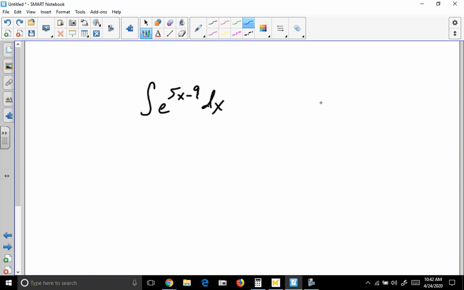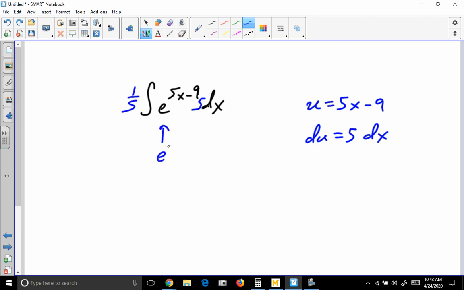All right, if we take a look at this one, let's see what happens if we let the exponent be u. Then du would be 5 dx. So no variable, just a constant times dx. Well, that's good because we don't have a variable. So we can make this fit if we multiply by 5 here and divide by 5 here.